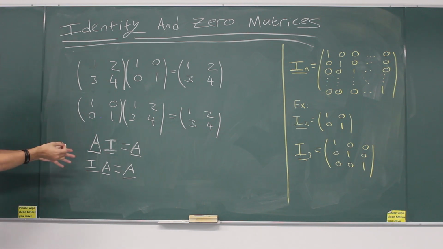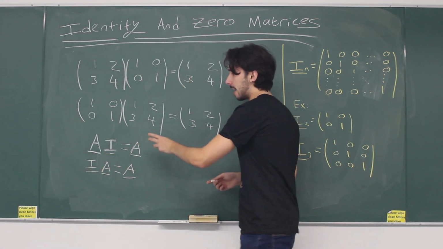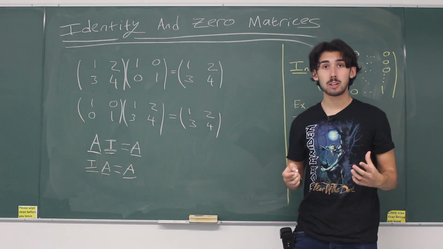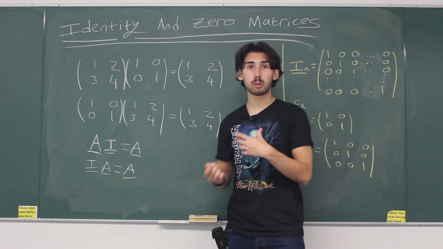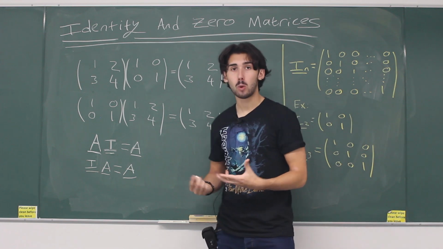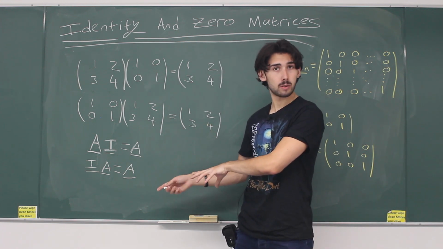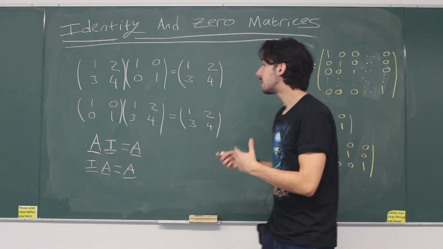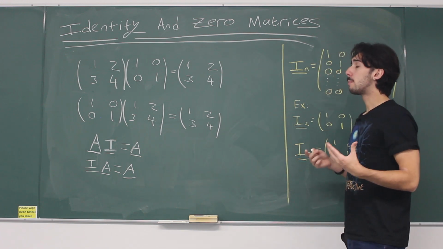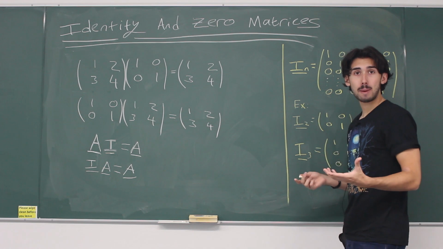Now I said this is for 2 by 2 matrices. However, as long as A and I are square matrices of the same dimension, so they're both 2 by 2, both 3 by 3, both 4 by 4, etc., then this will always work. This is the definition of an identity matrix. It's called the identity matrix because this is what you would call the multiplicative identity element for a square matrix.